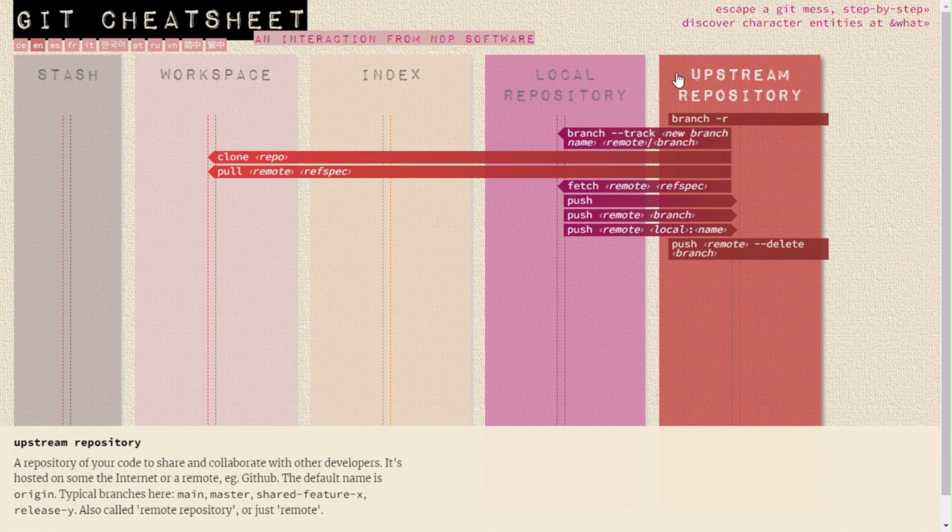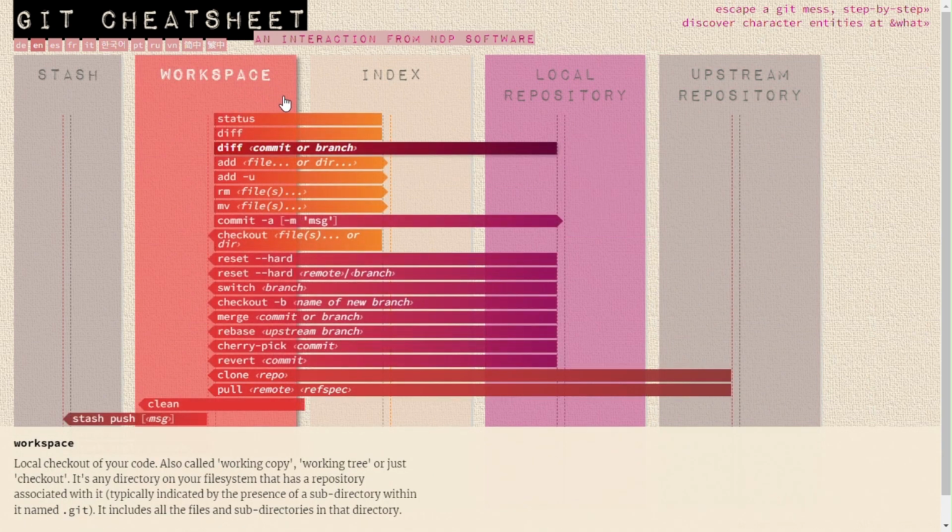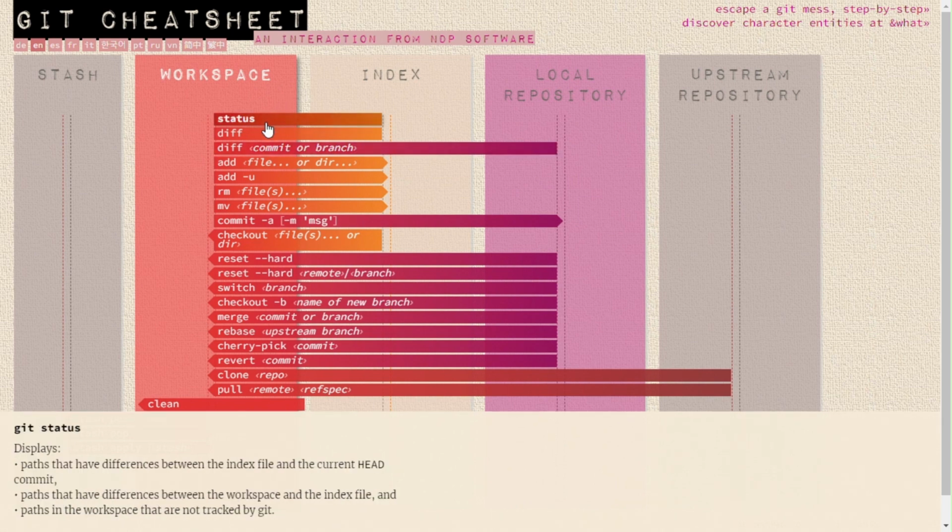So let's go back and look at the various commands in each and every one of the stages that we just looked at. While in the working space, you might want to check the current status of the files that you're working with. You do that by running the git status command. The git status will show you the files that are being tracked and the files that haven't been tracked.